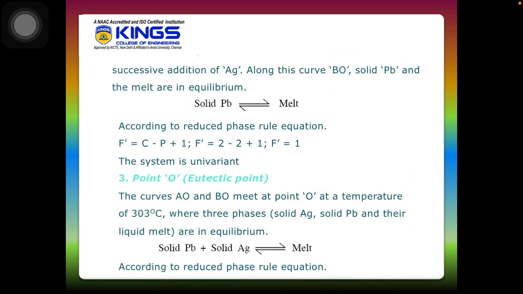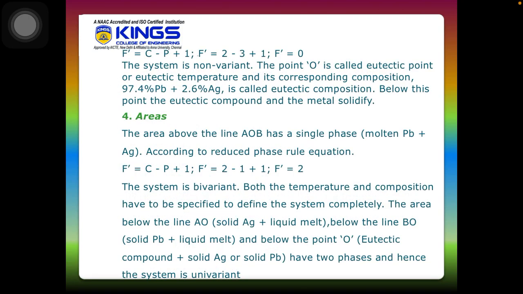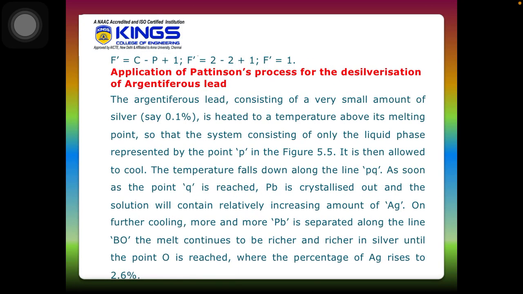Then we go to the application of the Pattinson process for the desilverization of argentiferous lead. The argentiferous lead, consisting of a very small amount of silver, say 0.1%, is heated to a temperature above its melting point, so that the system consists of only the liquid phase, represented by the point P in the figure 5.5. It is then allowed to cool.